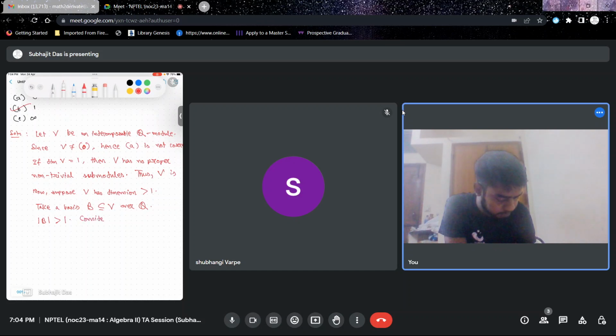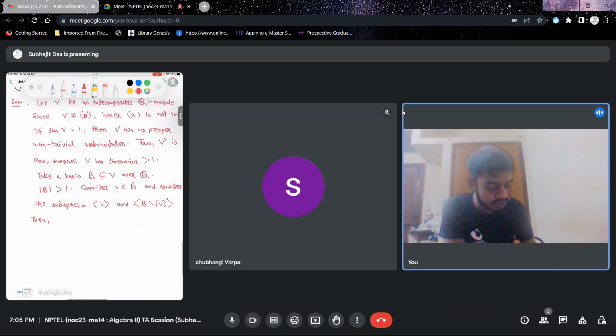Consider any element v belonging to B and consider the subspaces: the subspace generated by v and the subspace generated by B minus singleton v. Since B is a basis, you can see this easily.